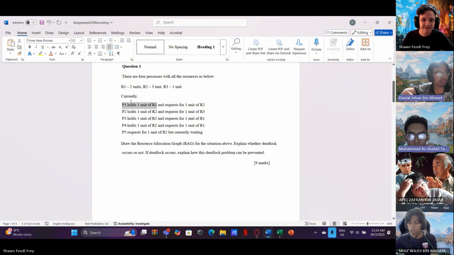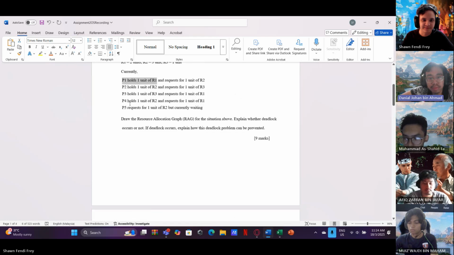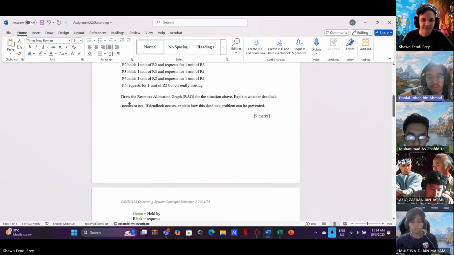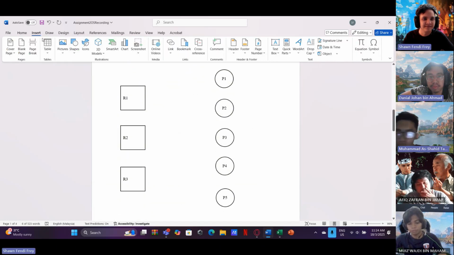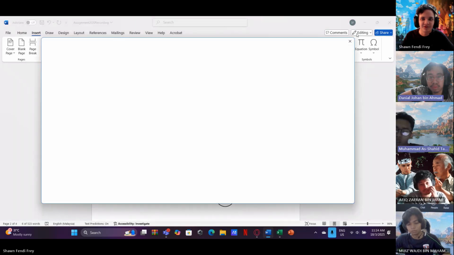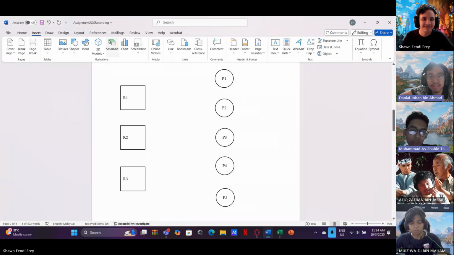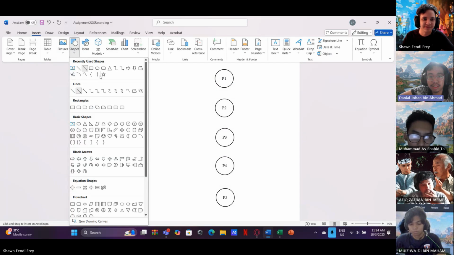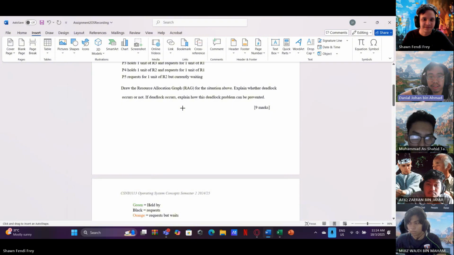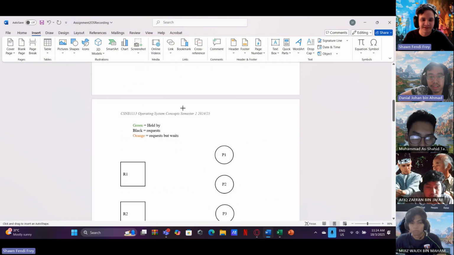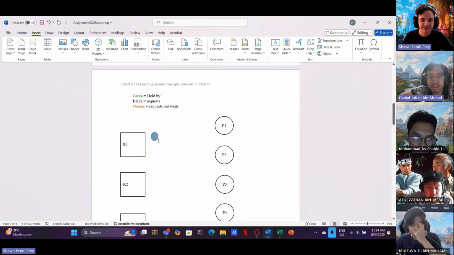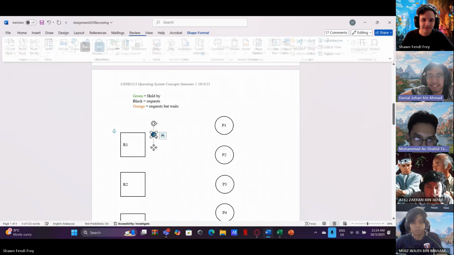From R1 to P1. So this represents the resources from R1 to P1. Before that, there's still the small black dots to do.